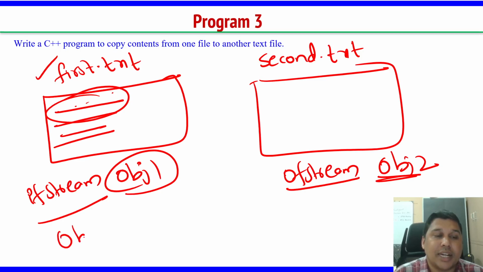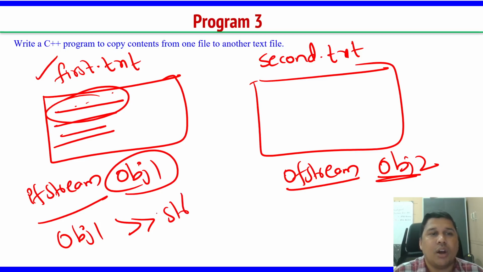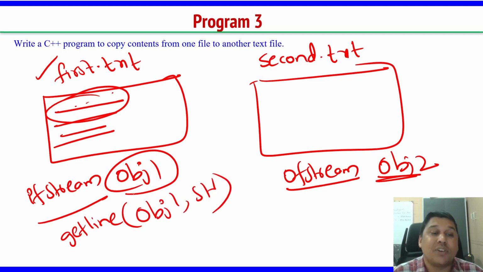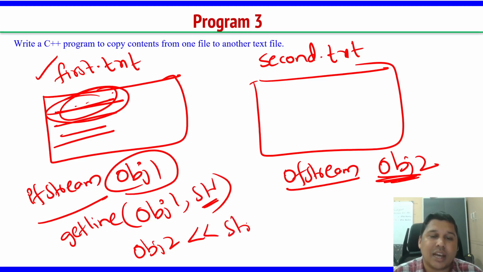You can simply write obj1 and give str, or you can use getLine. getLine will take the content, object1 comma str, read from the file and put it into str. Now str contains the first line, and you have an object obj2. Simply write obj2 of str, that's it. Write this in some while loop or looping condition, and your job will be over.